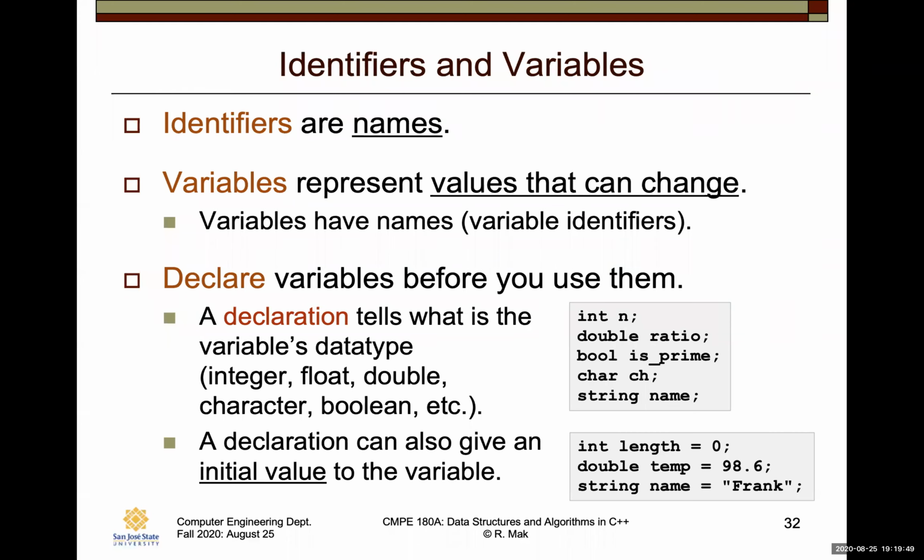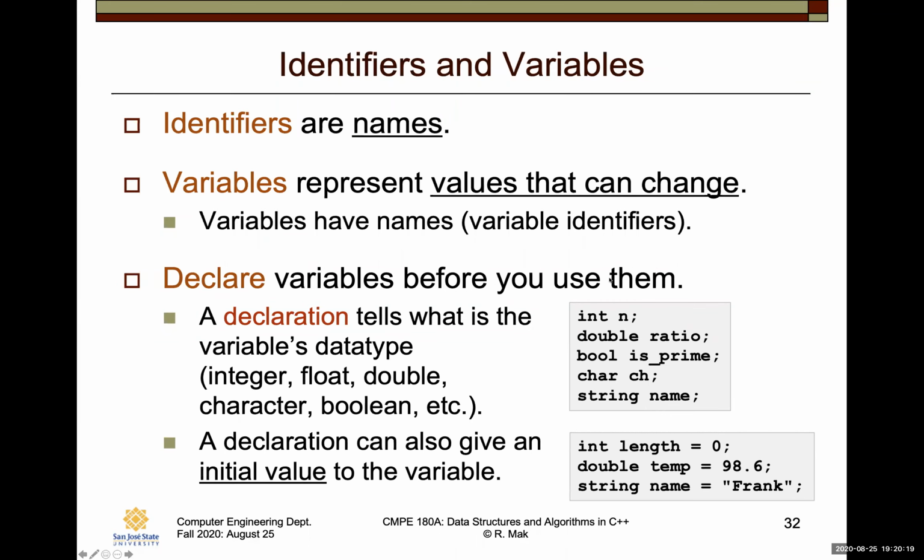A bool is a variable that's either true or false. And quite often we give it a descriptive name like, is this prime? And this variable will be either true or false. Char is a variable that has a single character as its value, and a string, of course, well, here's an example of a string. It's a variable that can contain a string of characters.